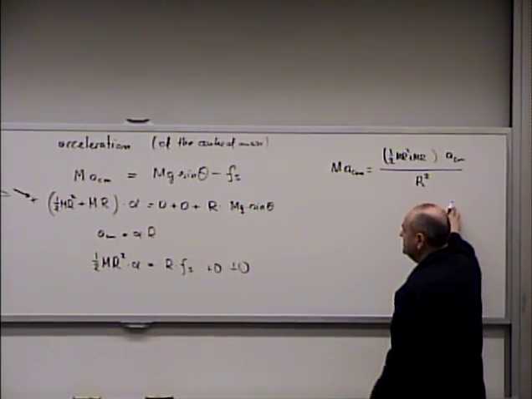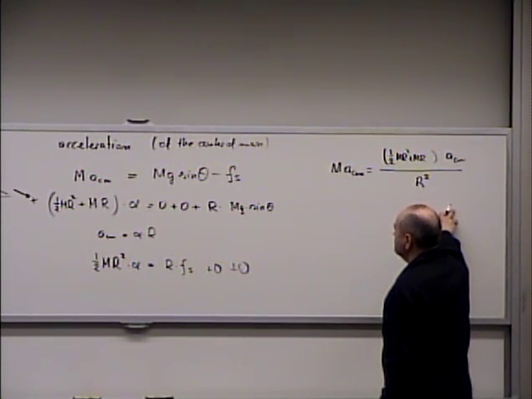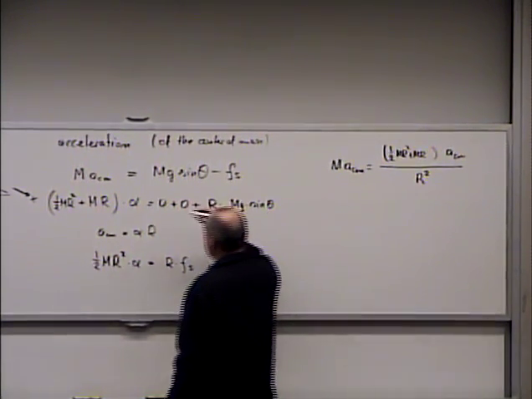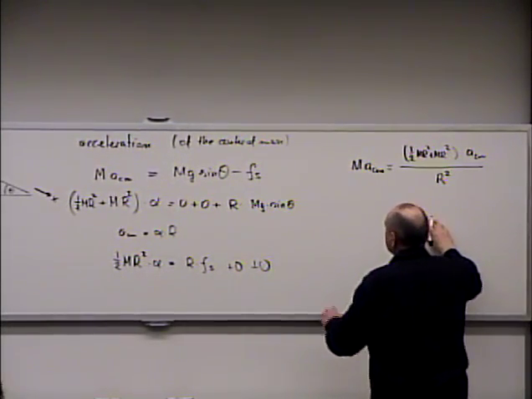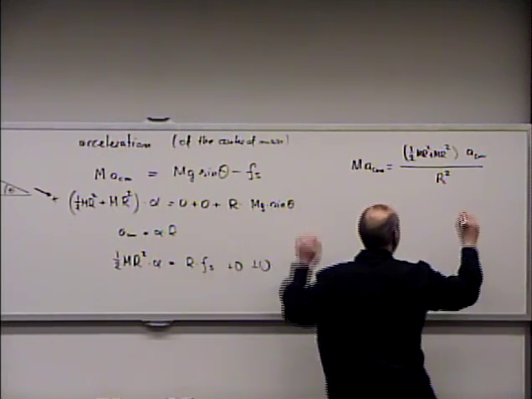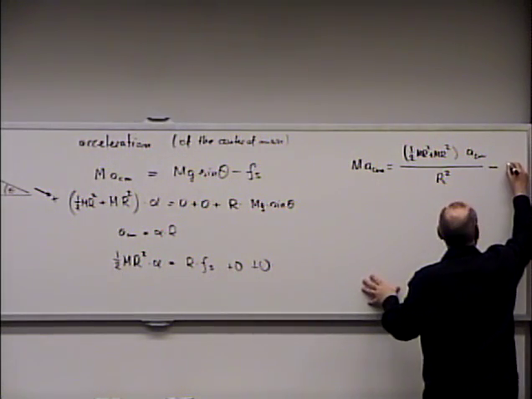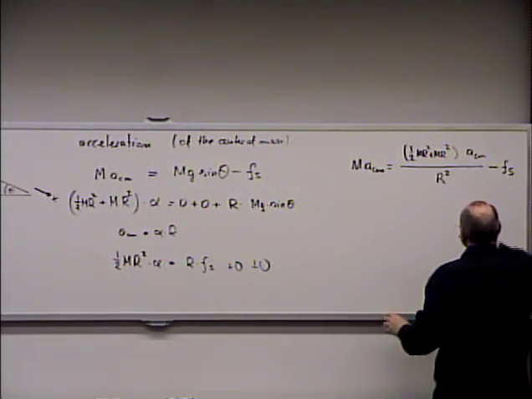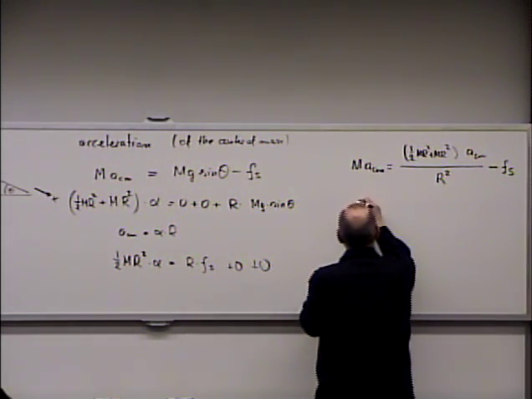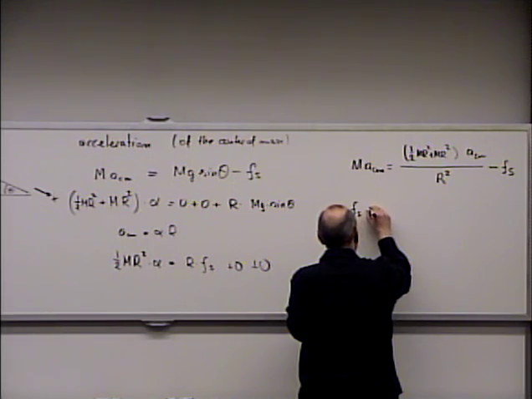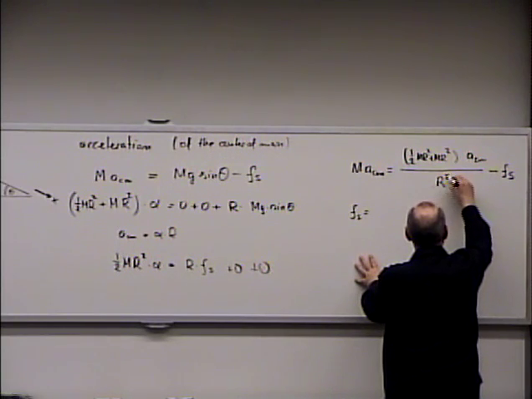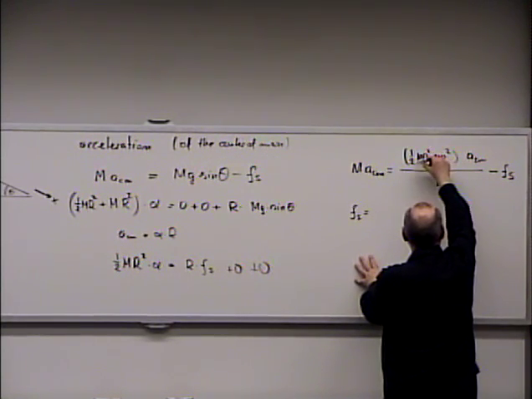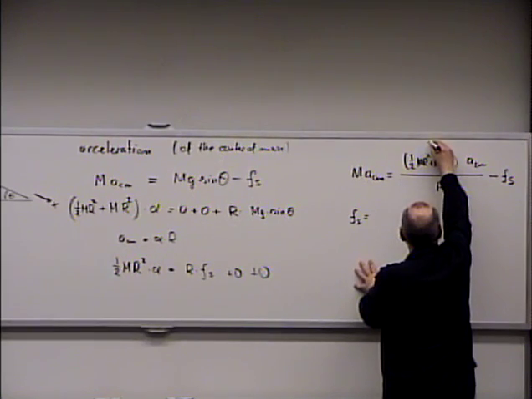Did I do it right? No, it doesn't make... But this is still not good. Minus this force. Okay, so the static frictional force is there, and r squared cancels here. So we will have 3/2 there.